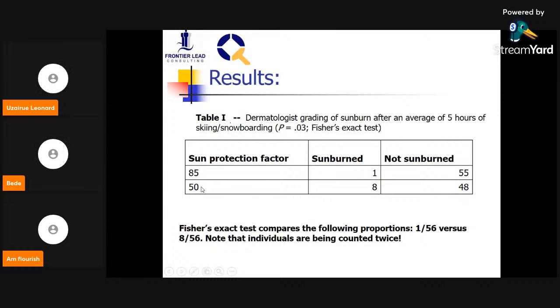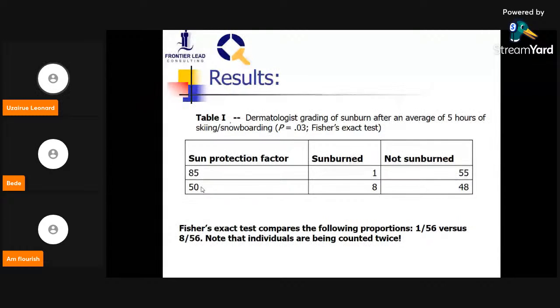These numbers are actually the designation that is given to the sunscreen. Then they were checked for sunburns. Then we have two outcomes. It's either we have a sunburn or we have no sunburn. Remember the subjects are 56 each.